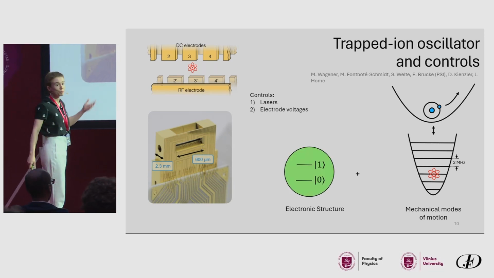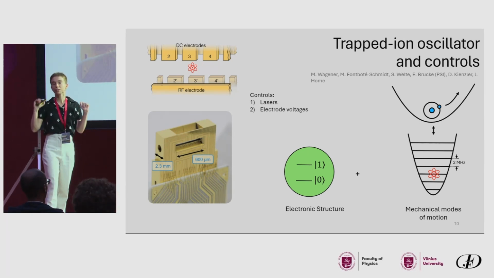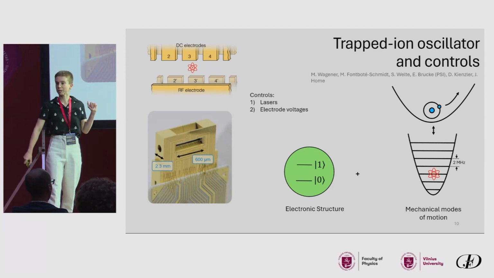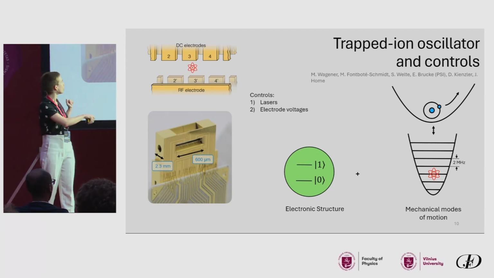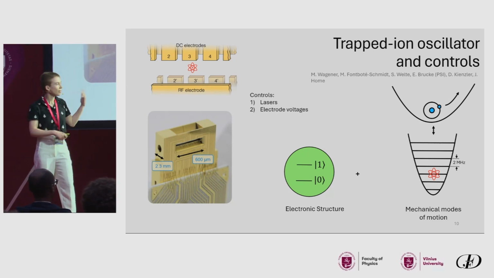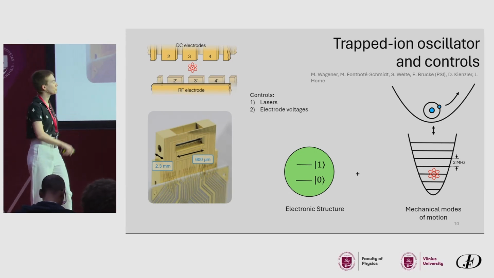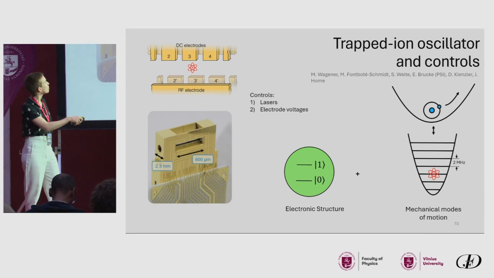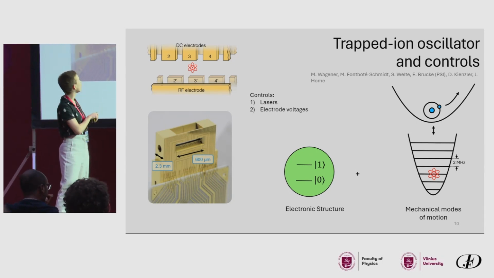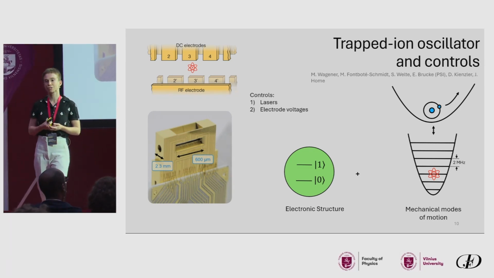Now, an ion is also like an atom. It has a defined electronic structure, and we can pick 2 energy levels to define a spin that we can address via a laser. And the coupling between this spin and this motion is going to make us able to control the mechanical modes of motion via the spin. Now we can also control the modes of motion independently by controlling the electrode voltages that we apply.